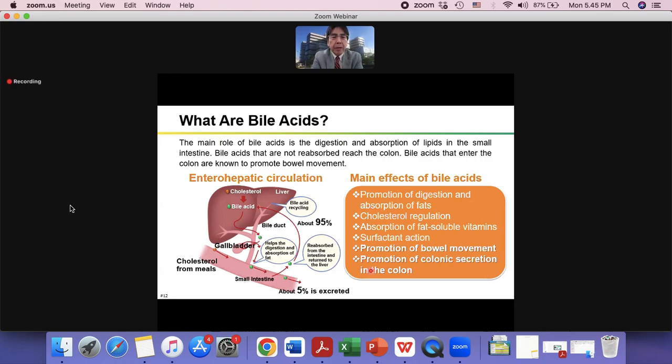Interestingly, recent investigation revealed that bile acid stimulates the secretion of incretin, such as GLP-1, suggesting that the increase of bile acid in the colon improves glucose tolerance.